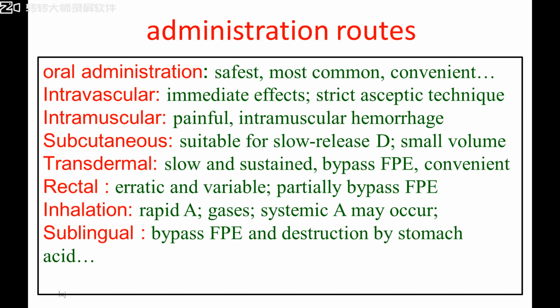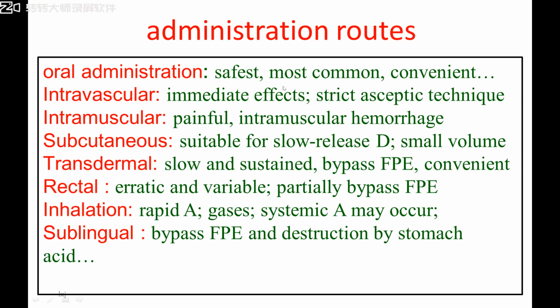Now, based on this slide, we can review administration routes. Actually, you have studied from pharmacology theory class. I have taught you. I think maybe you still remember, but someone maybe forgot. These different routes of administration have different advantages and disadvantages.